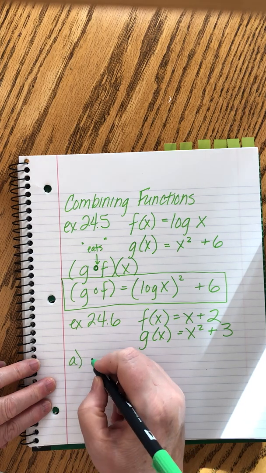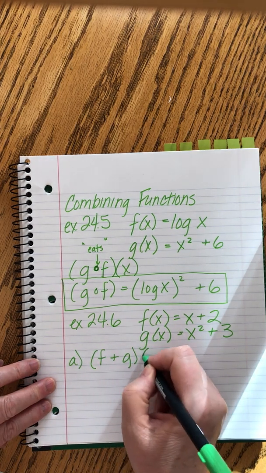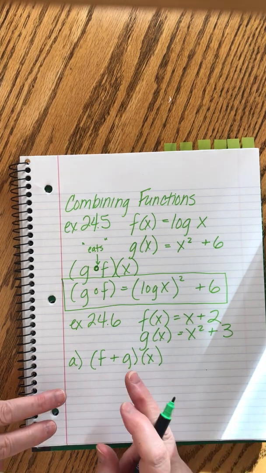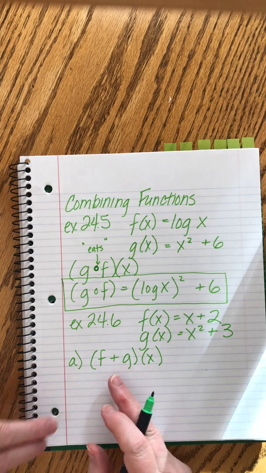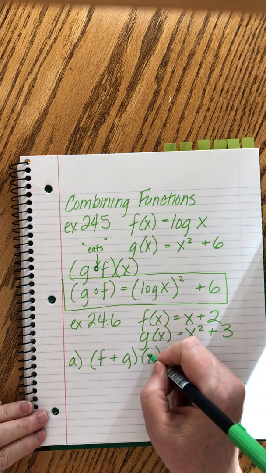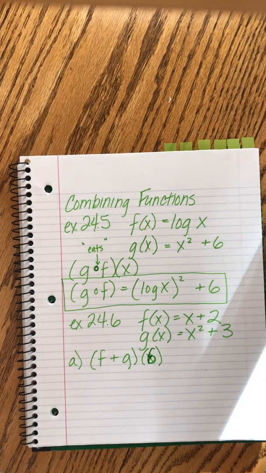So for the first part, we're supposed to find the f plus g of x. So what we're supposed to do is add these two functions. Oh, I'm sorry, not of x, of 6. So what John's asking us to do is, we can look at it 2 ways.